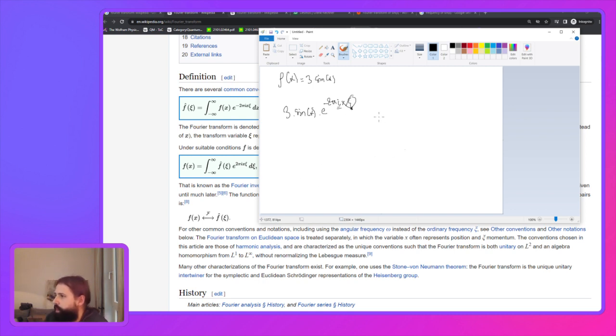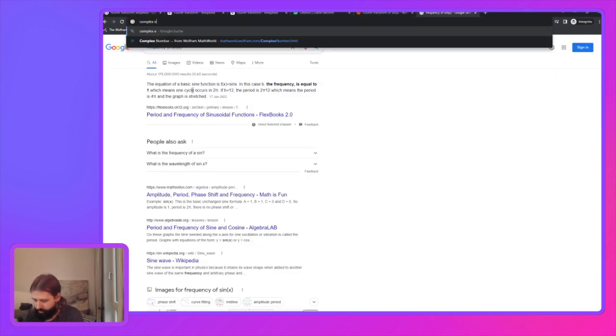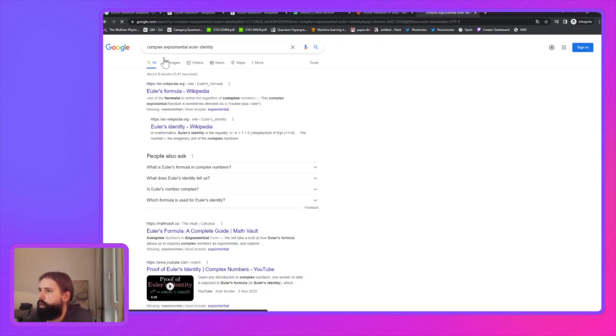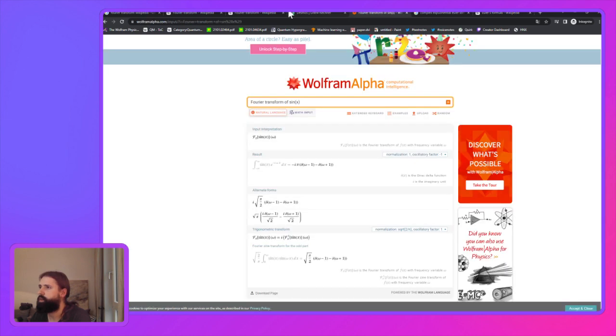So okay, so we know that we can expand that into, I forget. So the complex exponential, Euler's identity. Euler's formula. There you go. So e and then factor. It's the complex sinus and real cosinus.